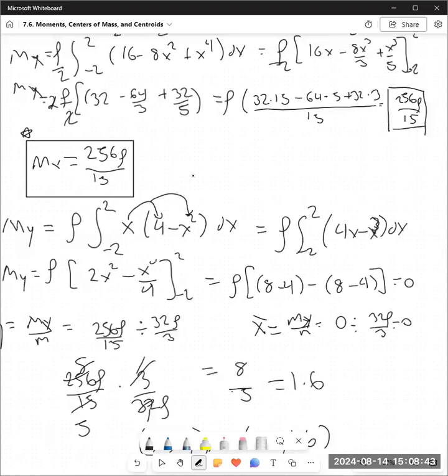So that makes 4x squared over 2, which is 2x squared, minus x to the 4th over 4. Plug in your 2 and your -2. This is 8 minus 4, and that's going to be another 8 minus 4. That's going to be 0.